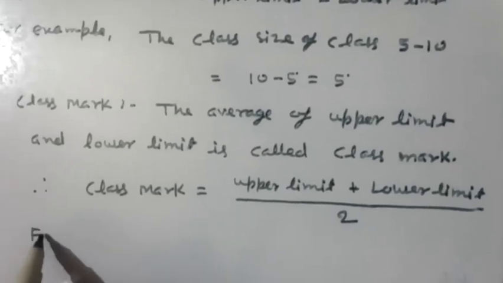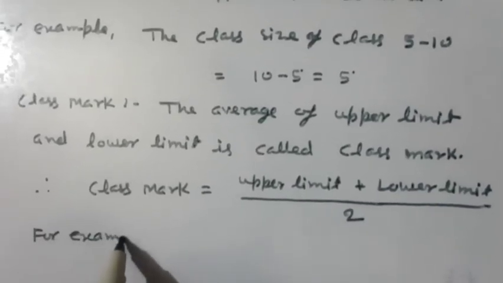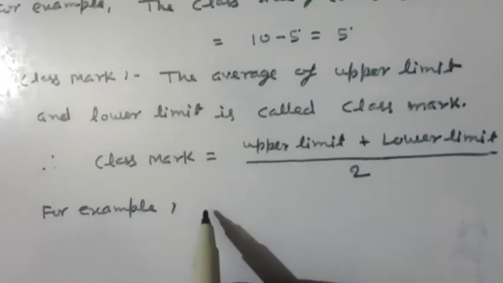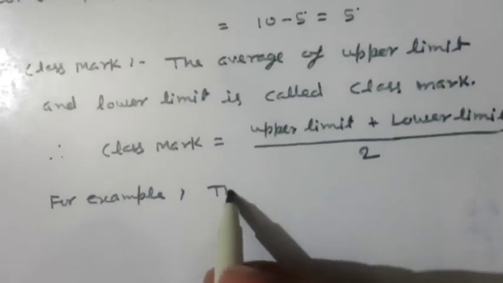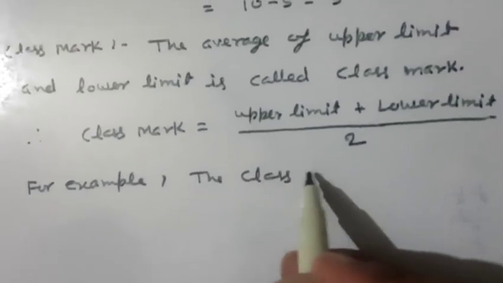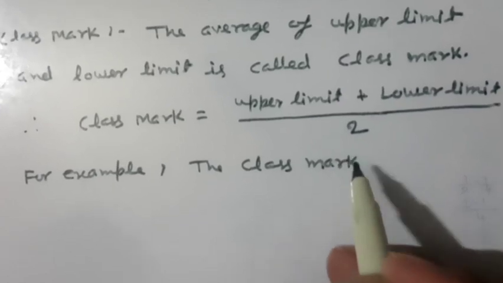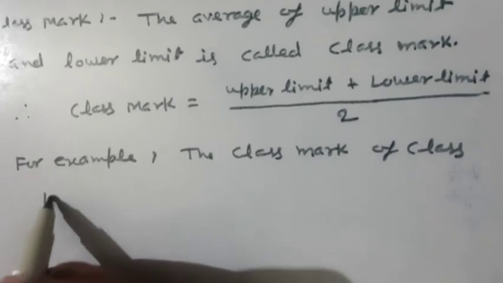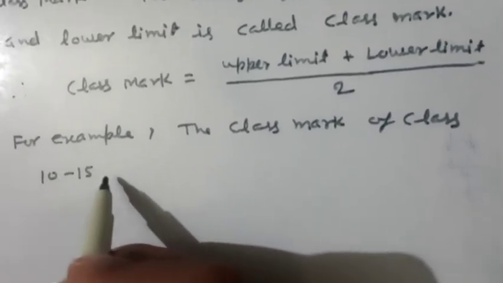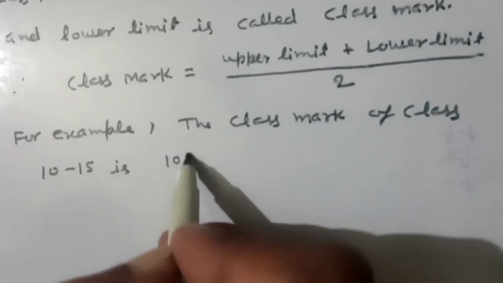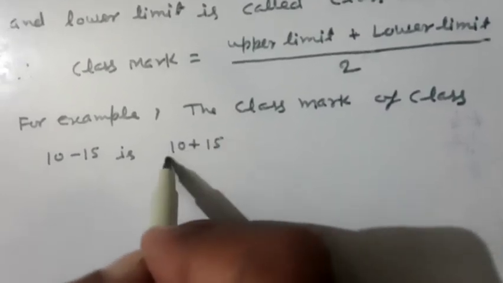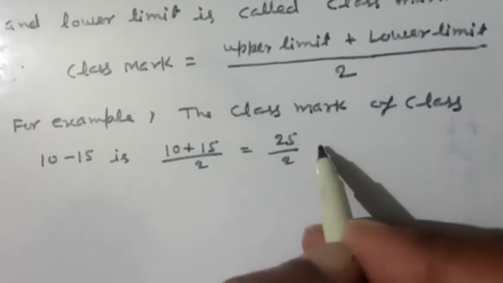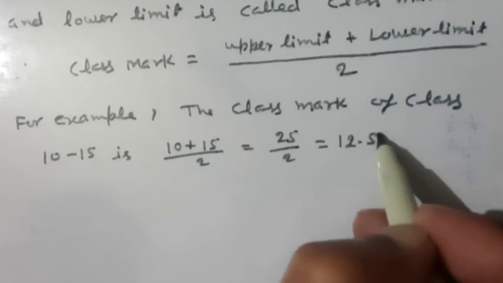For example, the class mark of class 10 to 15 is 10 plus 15 by 2, equal to 25 by 2, which is equal to 12.5.